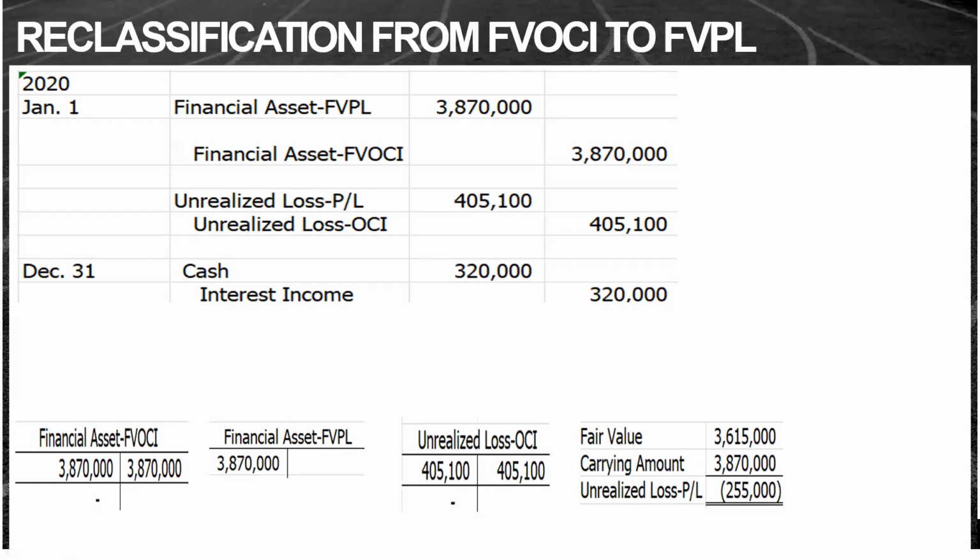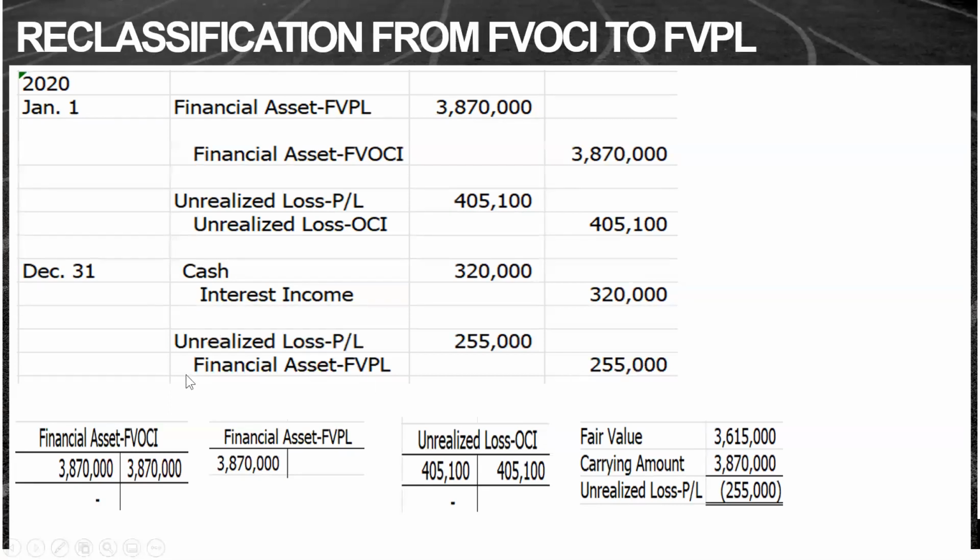So we compare the 3,615,000 fair value with our carrying amount of 3,870,000. It turned out that our new fair value is lower than our carrying amount. So we have an unrealized loss, which is now, of course, in profit or loss, amounting to 255,000.